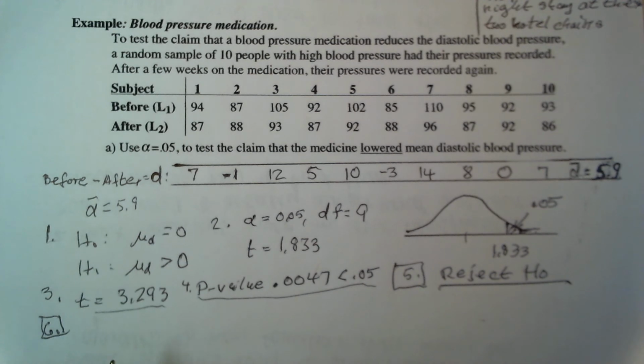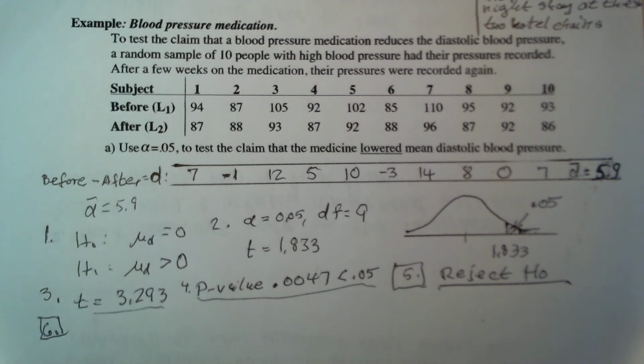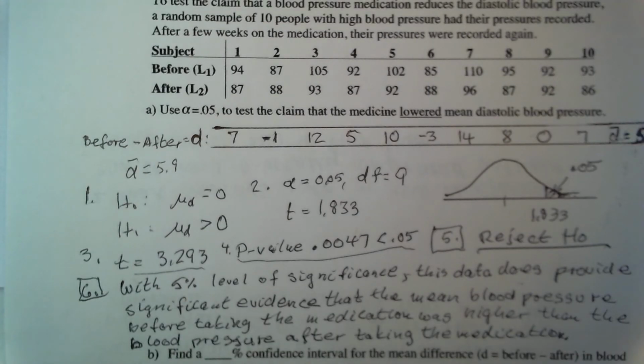And our conclusion is this: with 5% level of significance, this data does provide significant evidence that the mean blood pressure before taking the medication was higher than the blood pressure after taking the medication. So I put that statement here for you.